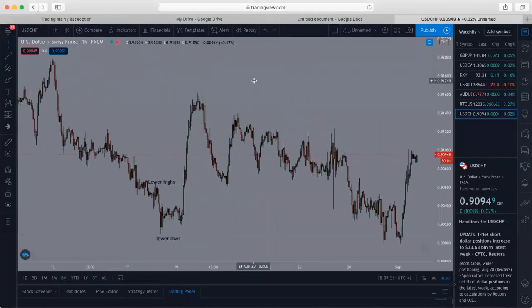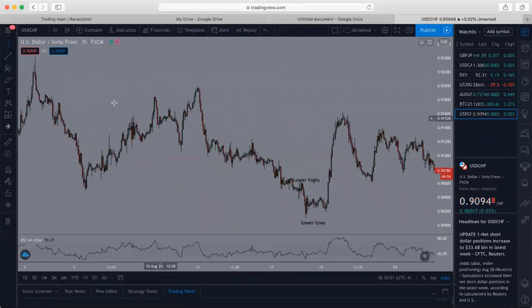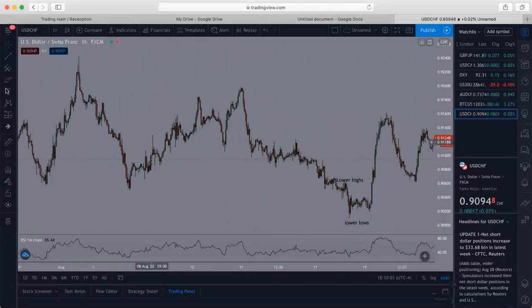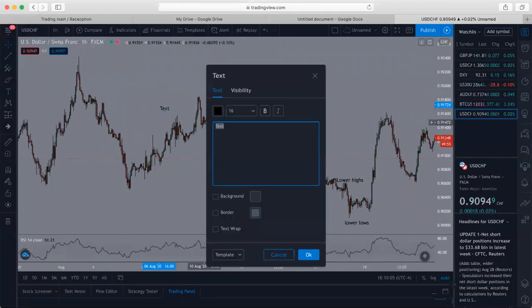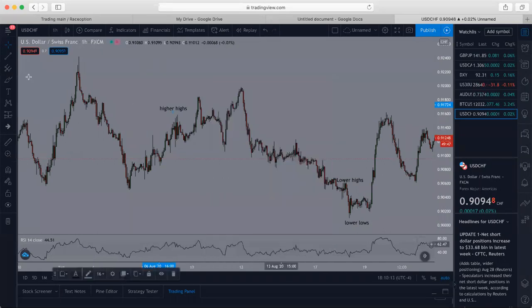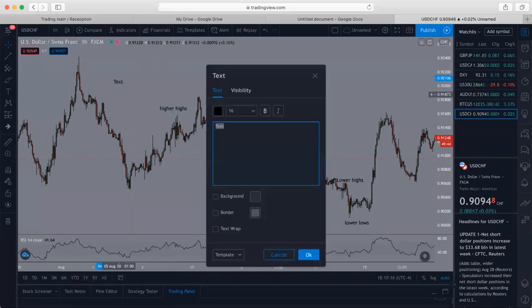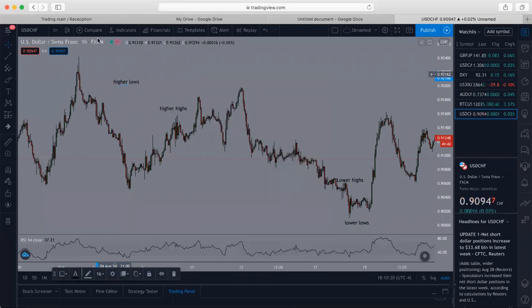Let's go through, see if we can find, okay, perfect, right here. Now it's going to be the opposite for an uptrend: higher highs and higher lows if it's for an uptrend, right? So it's going to be the same thing.